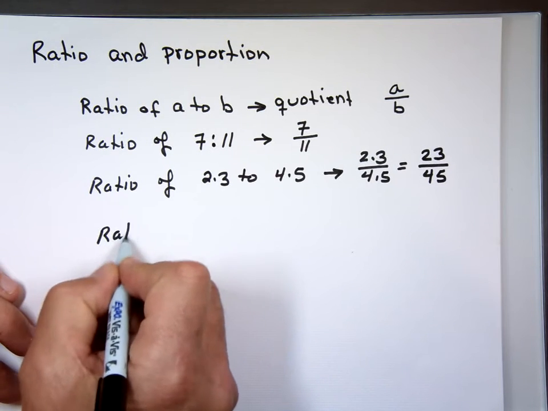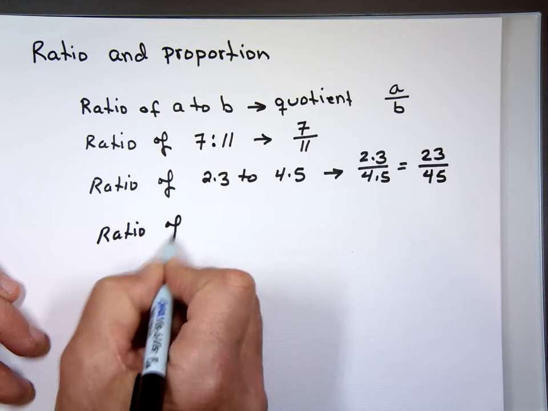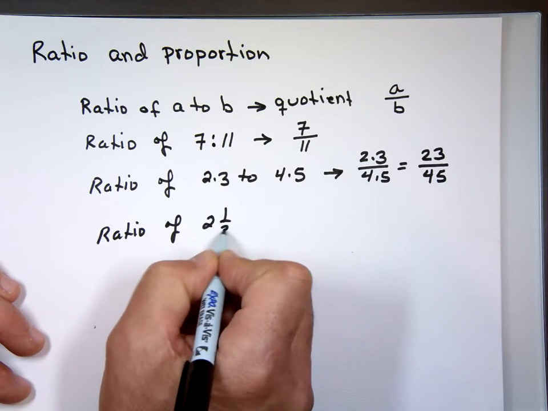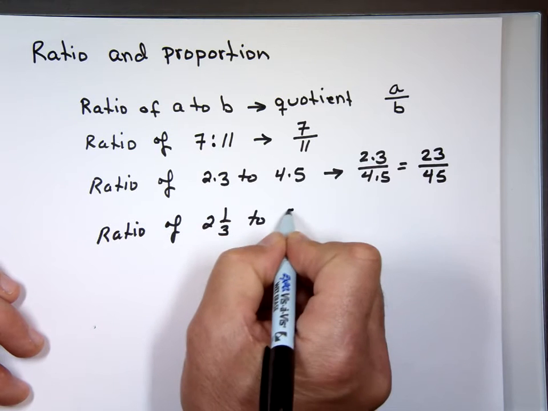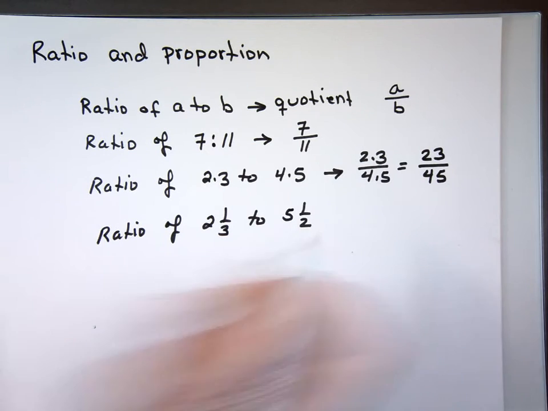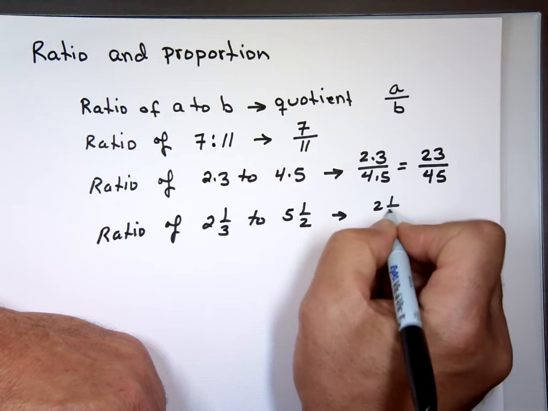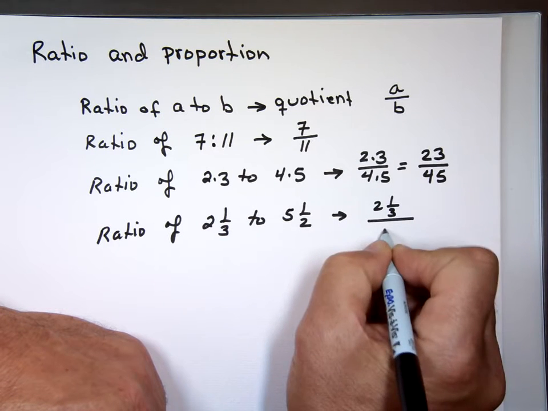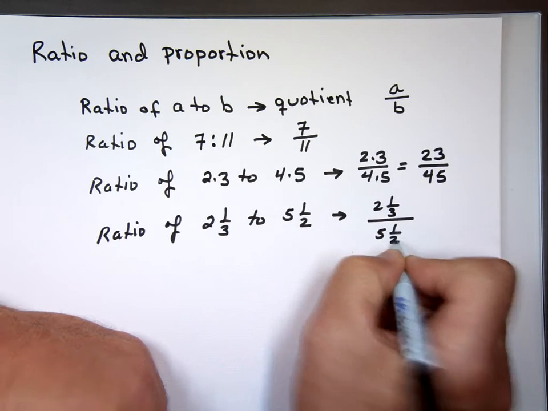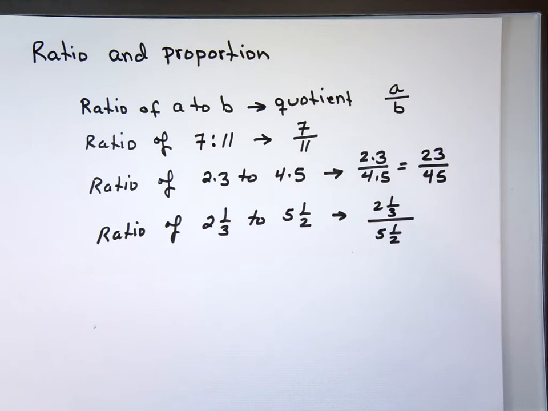The ratio of 2 1/3 to 5 1/2. That would be 2 1/3 divided by 5 1/2. Again, we want to use whole numbers, not a fraction.